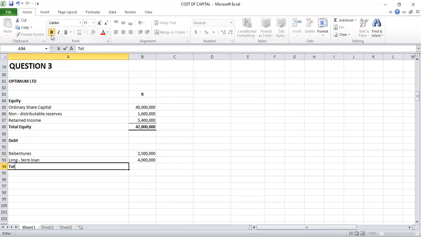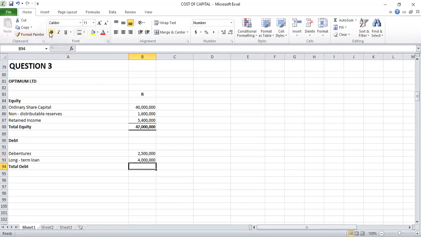Then we get total debt. Then we get our total capital.